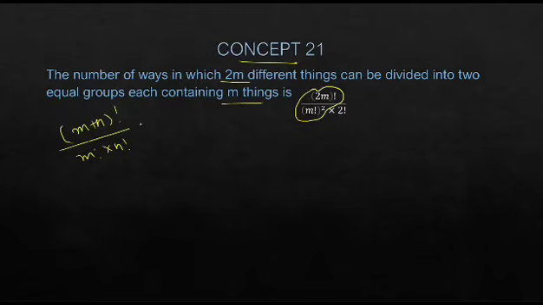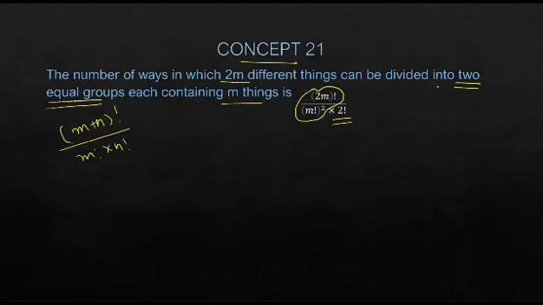The difference is that we are dividing into two equal groups, and in the previous cases it was into two unequal groups. That is the reason for this 2 factorial, which is the extra thing that needs to be written because of the equal distribution that we are including.